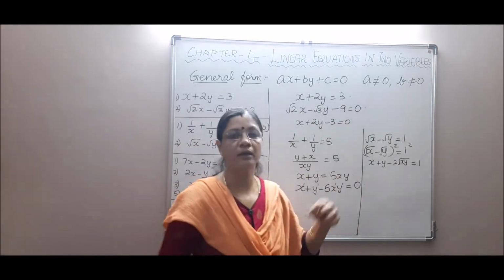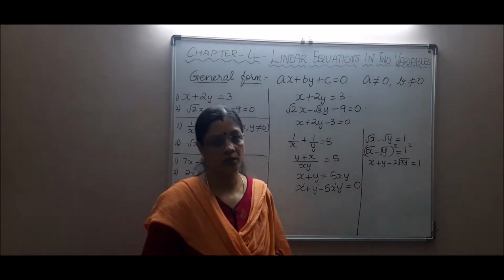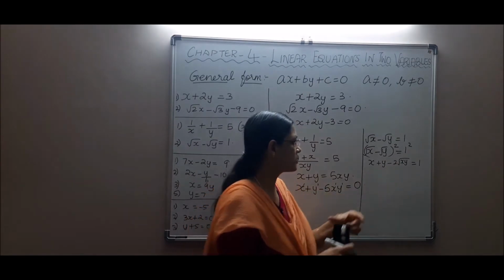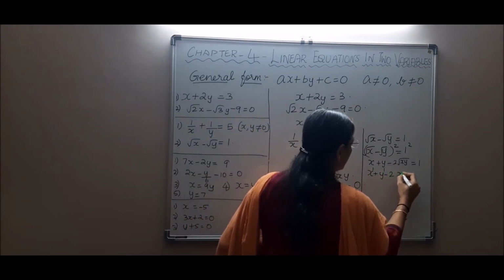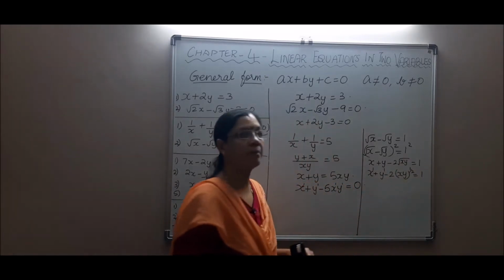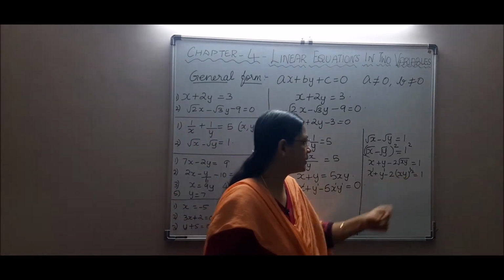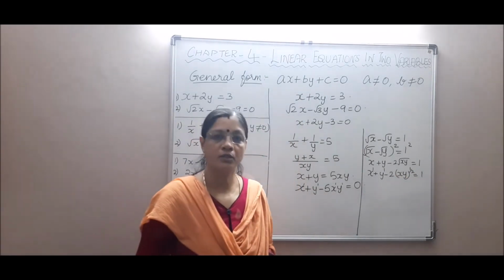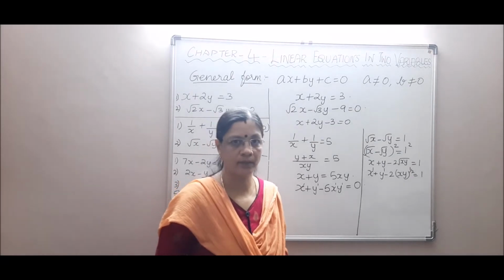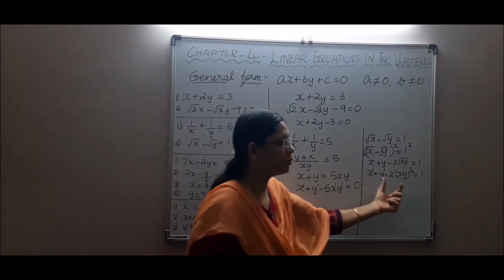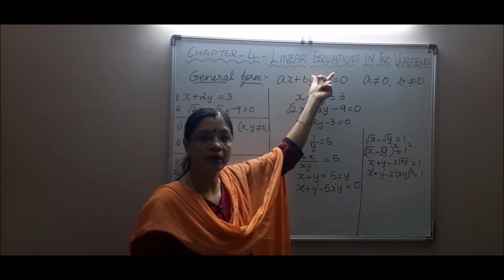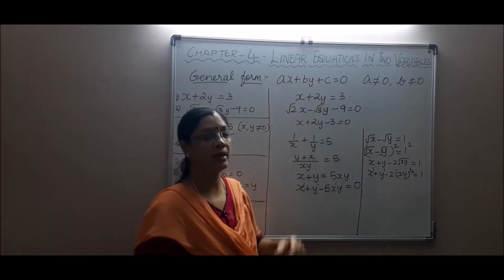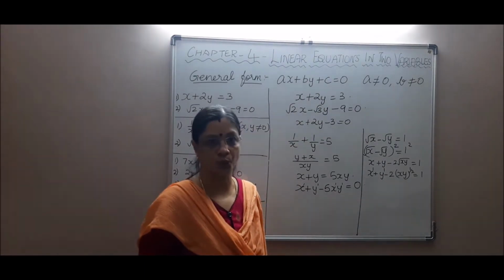Now, is it a linear equation? No, it is not, because see, in xy, x is to the power 1, y is to the power 1, and here root xy has power half. The power is a fraction, a rational number, so it's not a linear equation. You understand? So by observing these two examples, the earlier ones fall under the category of linear equations under the general format ax plus by plus c is equal to 0, isn't it?